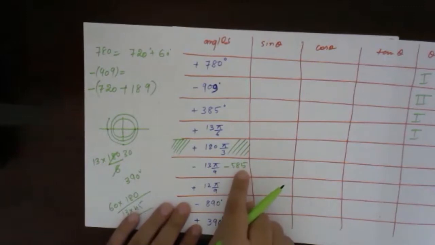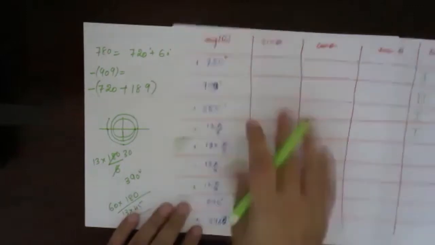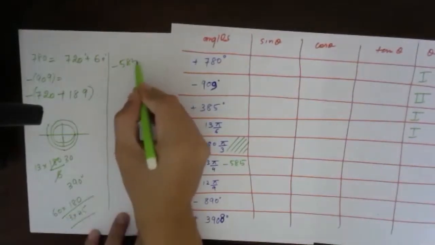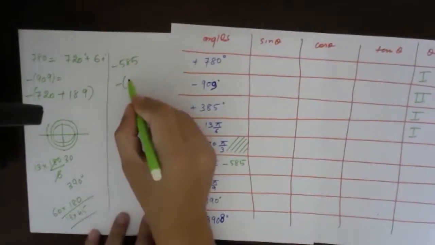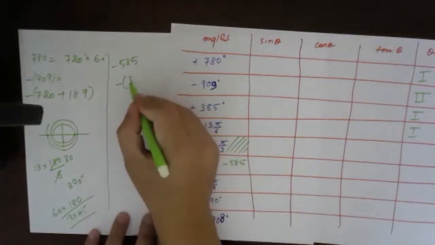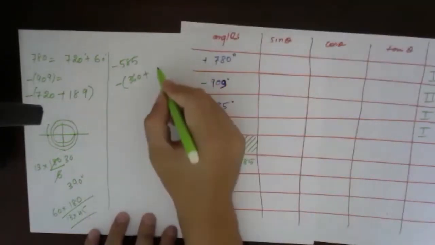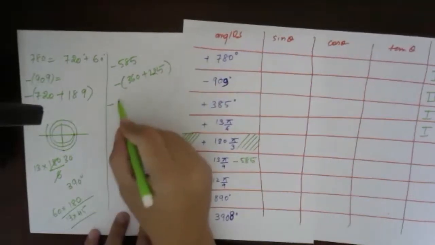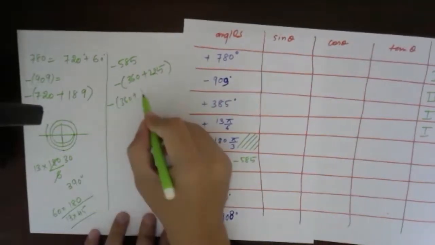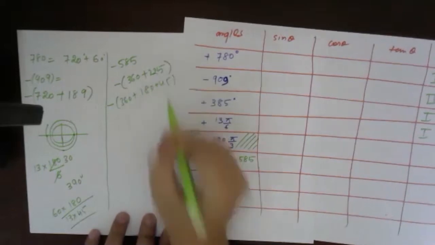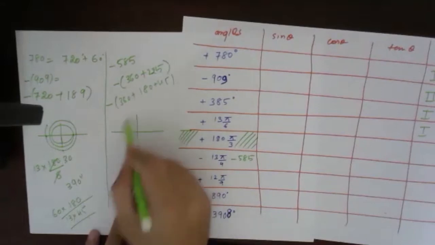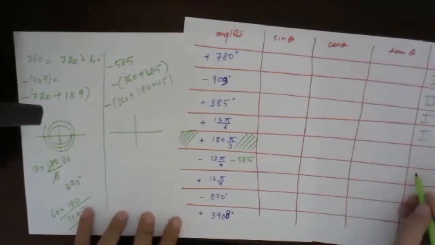So minus 585 I can write as minus 360 minus 180 minus 45. So minus 360 is one complete rotation, then 180, then 45. So this is in the second quadrant.